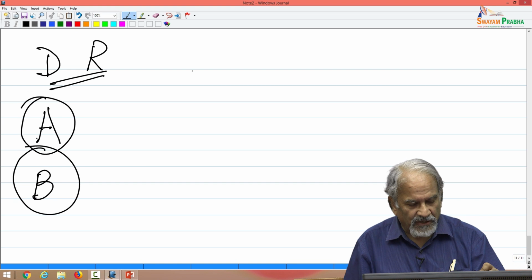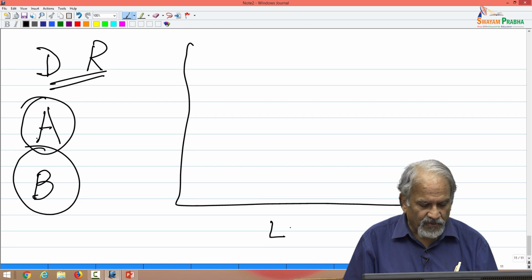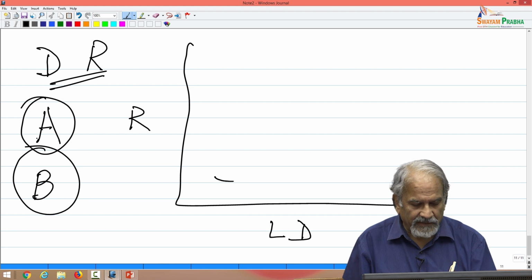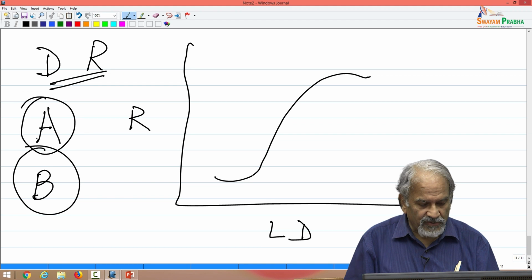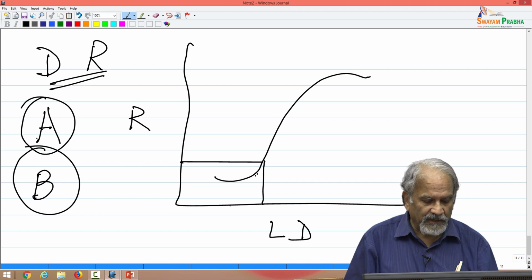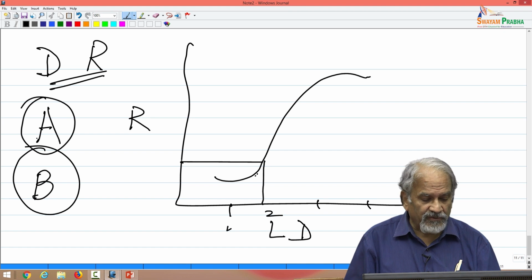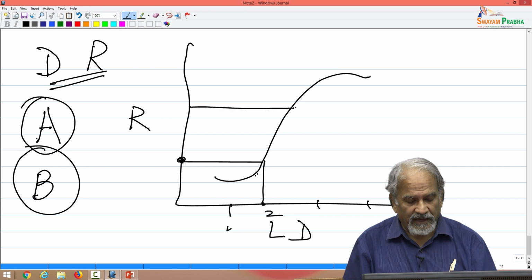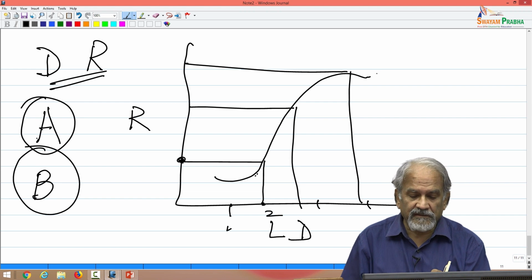So, now I will plot a dose response curve, and if I plot log dose versus response of A, it will come like this, a sigmoid. To produce this response you are requiring this dose, to produce this response you are requiring higher dose, and to produce maximum response you are requiring this. This is drug A.